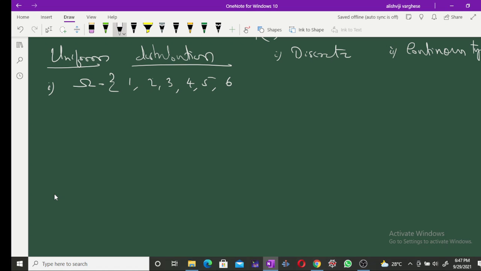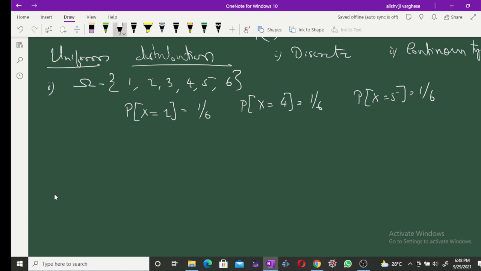Then we distribute the probability equally among all these six possible outcomes, and therefore the probability that the random variable has a value 1 is equal to 1 by 6. Probability that the random variable has a value 4 is equal to 1 by 6, and probability that x is equal to 5 is 1 by 6, and so on.